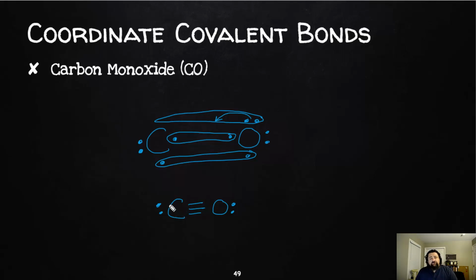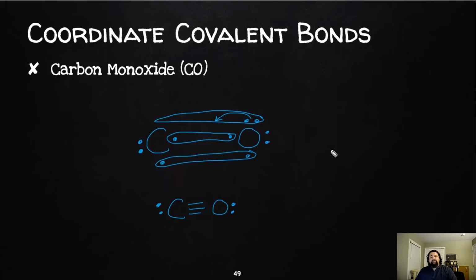So when you're doing Lewis structures and you hit a wall, think to yourself, is there a way that on one of these things I can shift and create a coordinate covalent bond? All right. And it doesn't always happen like this with oxygen. Oxygen could shift its electrons around and have a blank side. So it's not always going to be one way or the other.